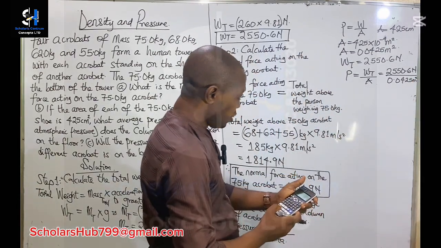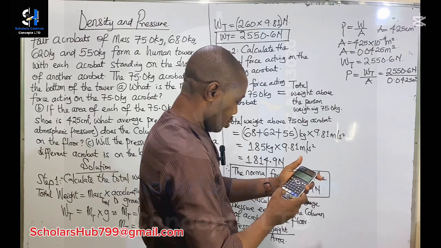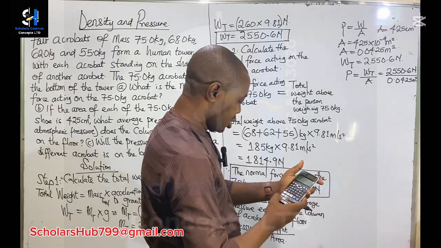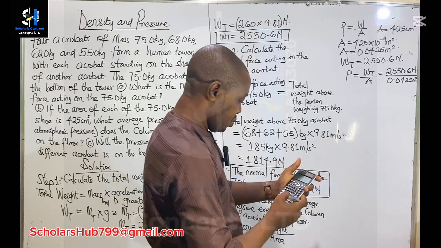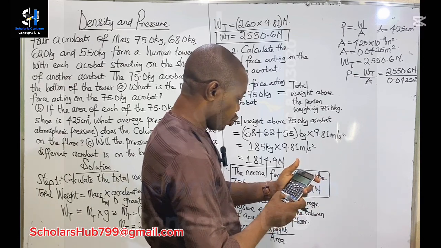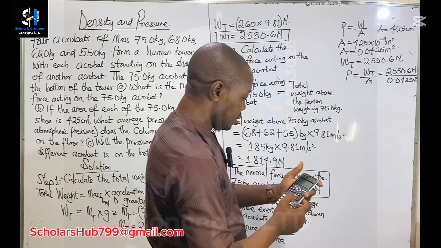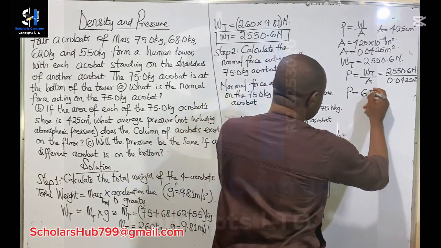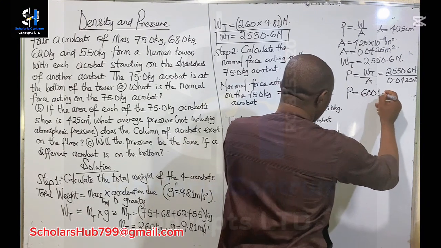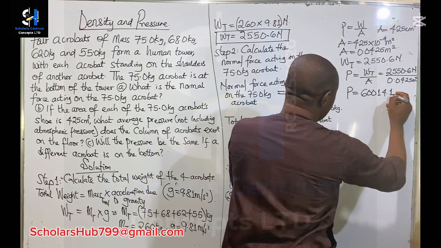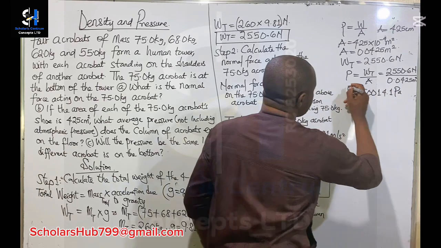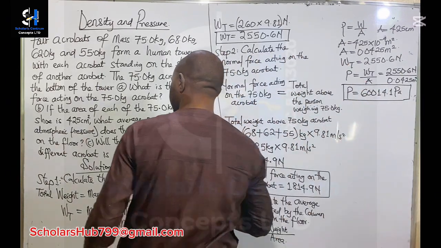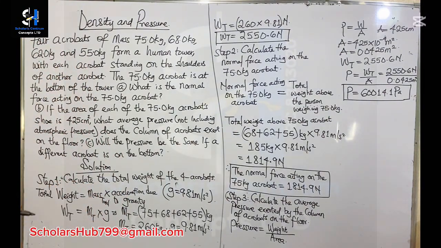So 2550.6 divided by 0.0425, and we get the average pressure equal to 60014.1 Pascal. So this is the average pressure exerted by the column of acrobats on the floor.